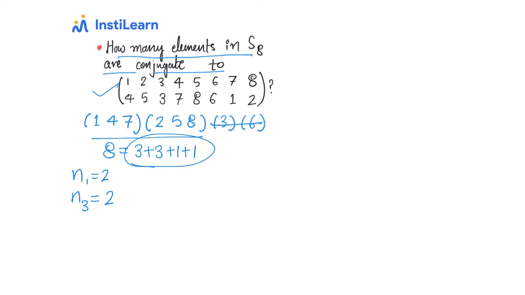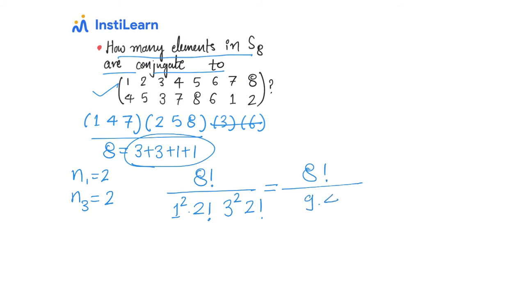So then the number of such elements in S8 would be 8 factorial divided by: 1 is appearing 2 times, so 1 to the power n1 times n1 factorial, and 3 is appearing 2 times, so 3 to the power n3, which is 2, into n3 factorial, that is 2 factorial. So this denominator is basically 9 into 4, right?